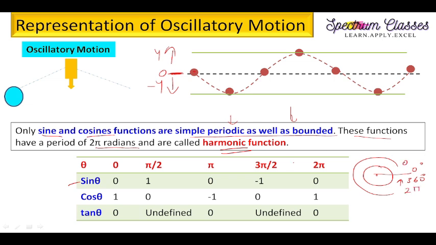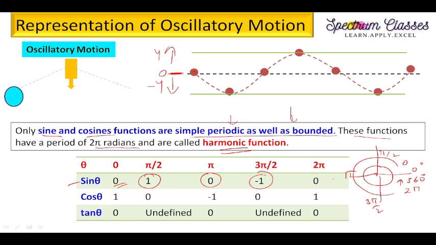If this is 0, this is pi by 2, this is pi, this is 3 pi by 2, and this is 2 pi. So 0, pi by 2, pi, 3 pi by 2 and 2 pi, and the values for sine theta are 0, 1, 0, minus 1, 0. Here you can see this is the plus direction, this is the minus direction, and this is the 0 mean position. Similarly, if we repeat the cycle again and again, we get the same numbers repeated.